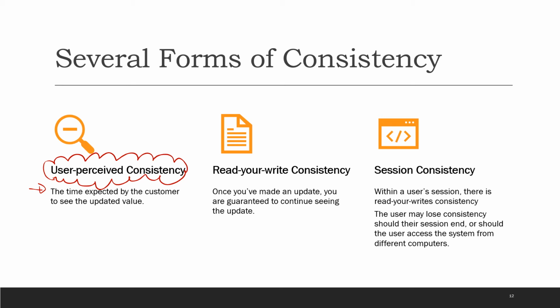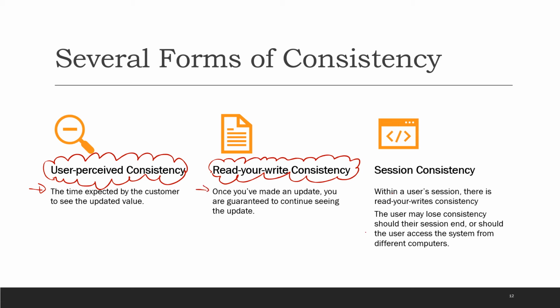We expect this time to be very short, right? Then another similar form of consistency is called read your write consistency. It is exactly to solve the problem that we previously discussed. When you post a message, you would expect to see that post immediately, because you want to make sure that your post has been successful.